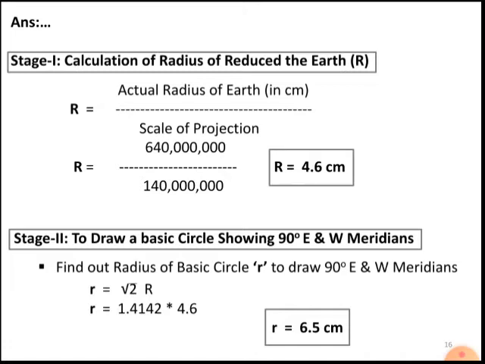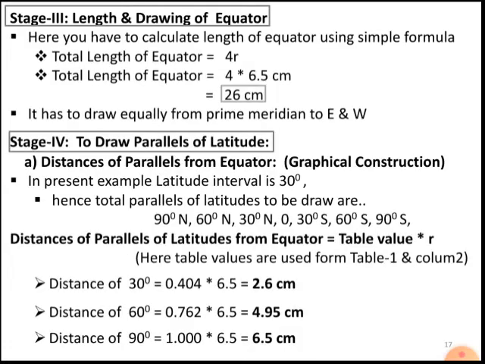For example, small r is equal to 1.4142, the square root of 2, multiplied by 4.6, and you will get 6.5 centimeter, which is the radius of the circle which will show the 90-degree east and 90-degree west meridians in our projection. That is the basic circle we got. So that is 6.5.